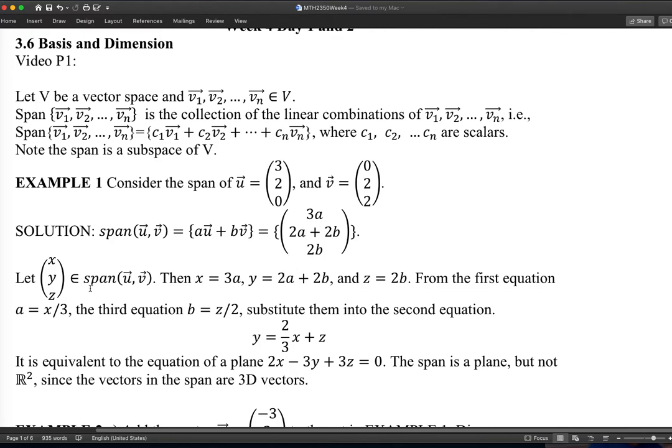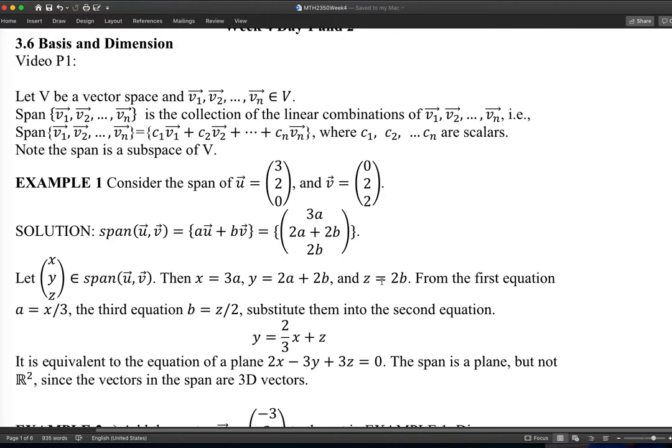To see clearly what this span looks like, here is what I did. Any vector in the span is a linear combination of three-dimensional vectors, so it still has to be a three-dimensional vector. I compared this vector with the components: x equals 3a, y equals 2a plus 2b, and z equals 2b.